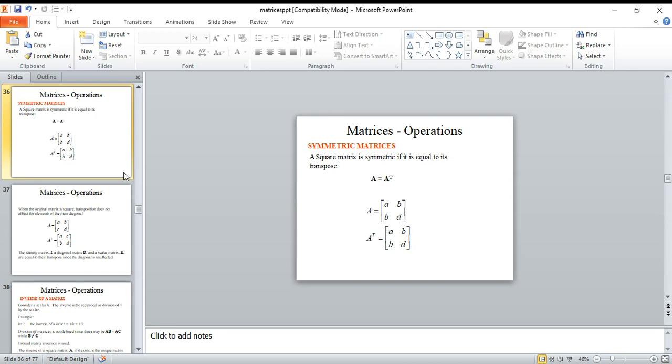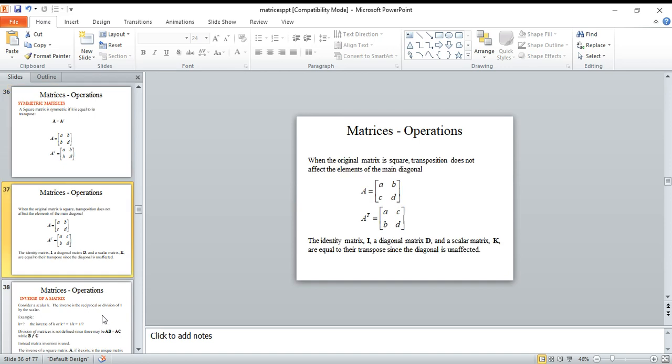Convert it: A transpose converts the row a b into a column a b, and the row b d into a column b d. So A equals A transpose, which is called symmetric. A square matrix is symmetric if A equals A transpose. Simple definition.